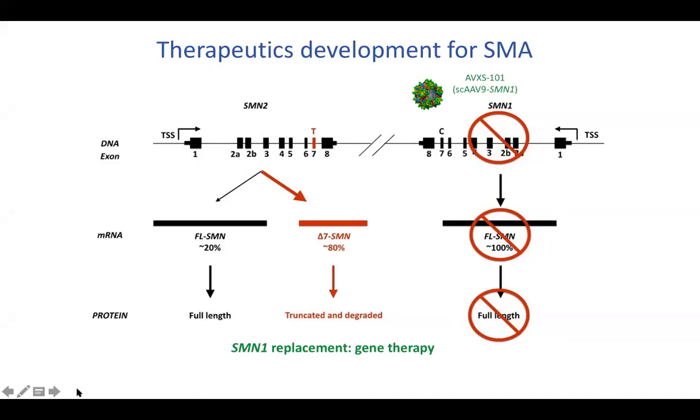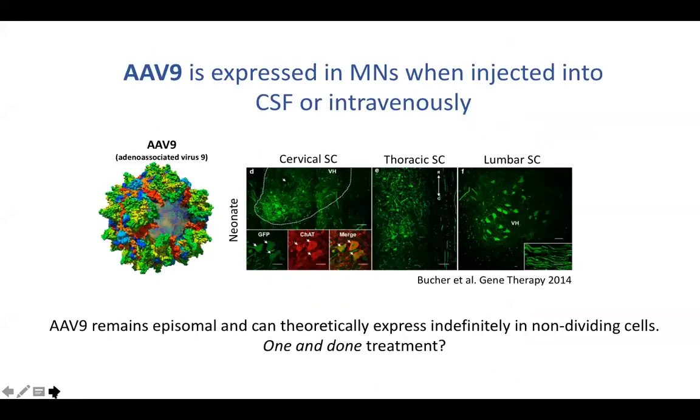So SMN1 replacement and gene therapy really came out of the insight that AAV9 is a very good vector to target the nervous system, and particularly motor neurons in the spinal cord when injected into the spinal fluid, into the CSF, or intravenously. And as I mentioned before, the AAV9 then can sit in those cells and produce ongoing transgene to rescue those target cells in spinal cord.